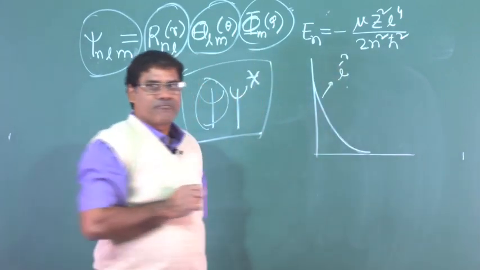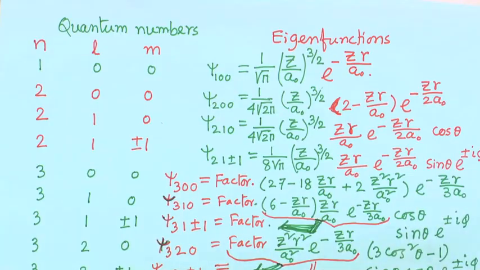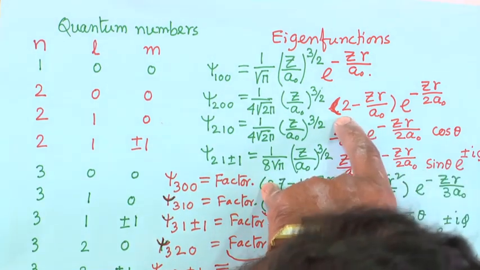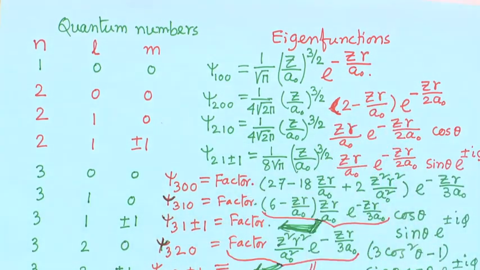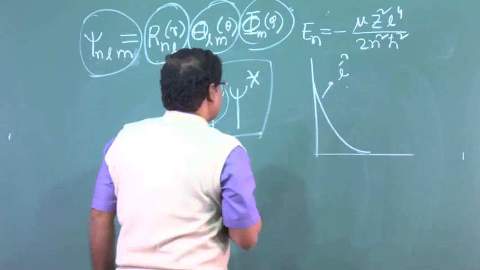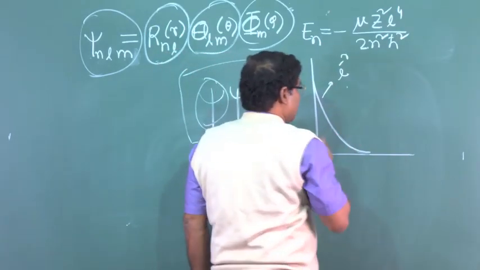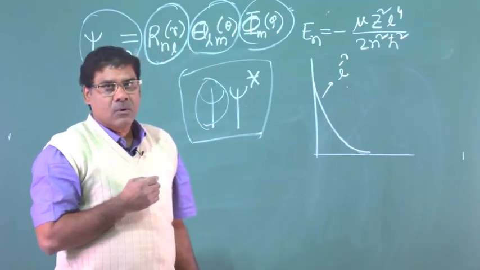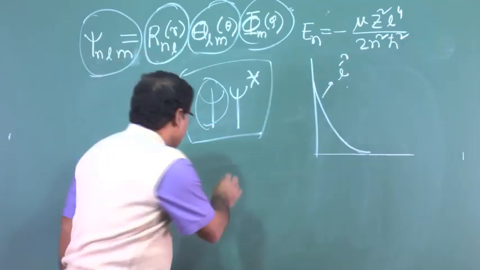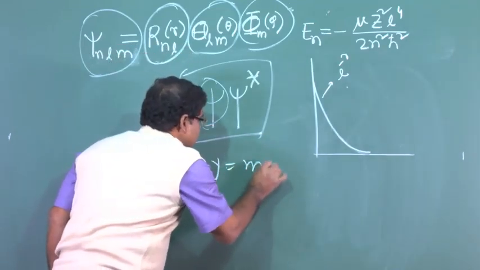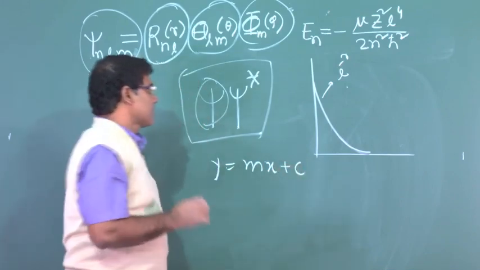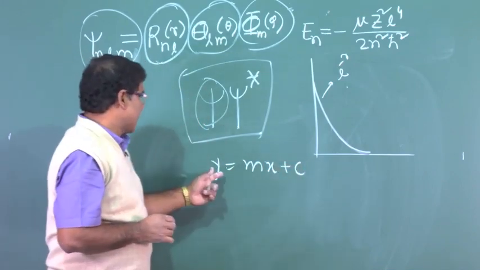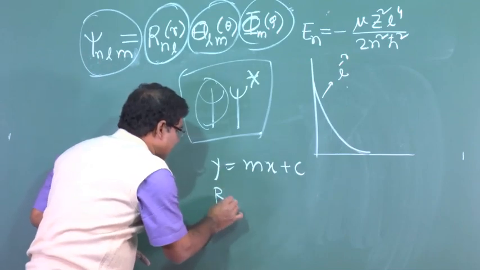The other term is 2 minus r. 2 minus r means y equals mx plus c, right? In our case, y is basically R_nl.